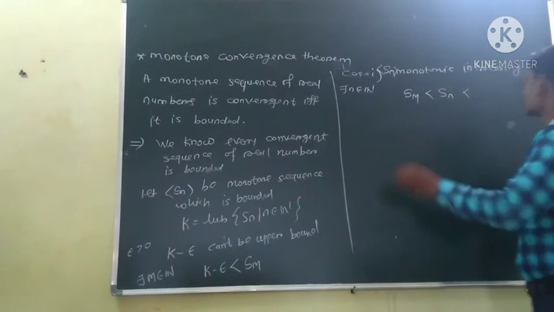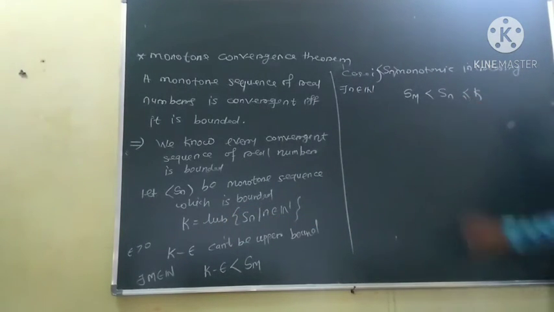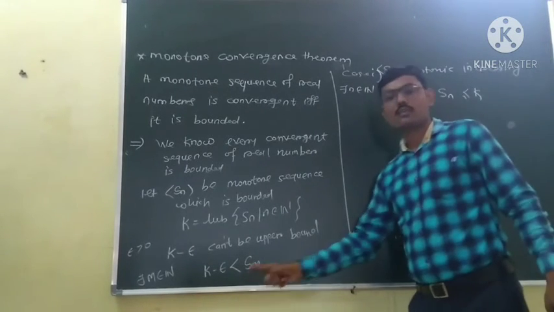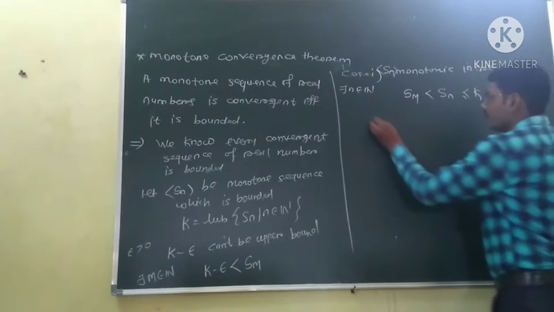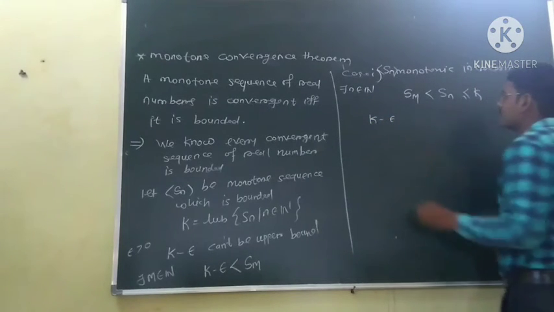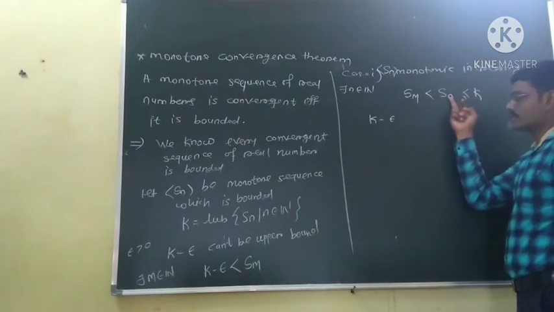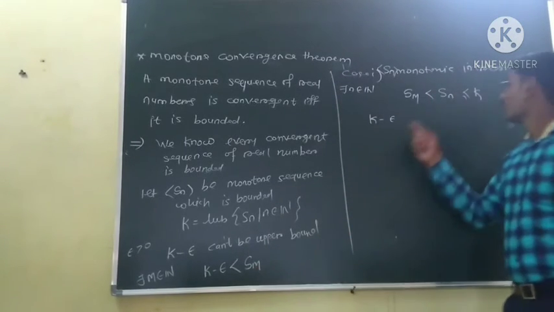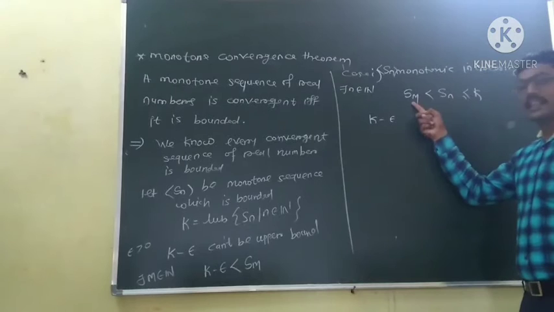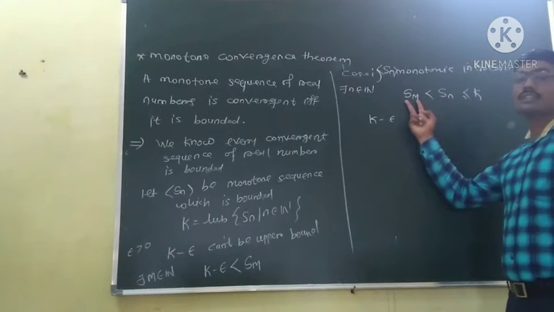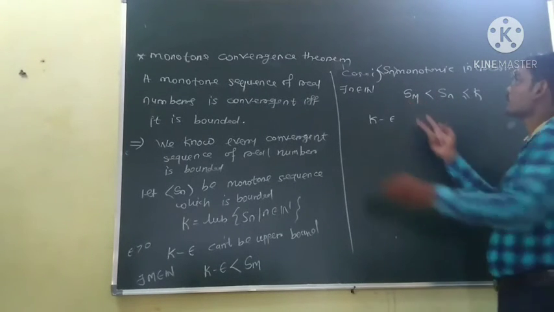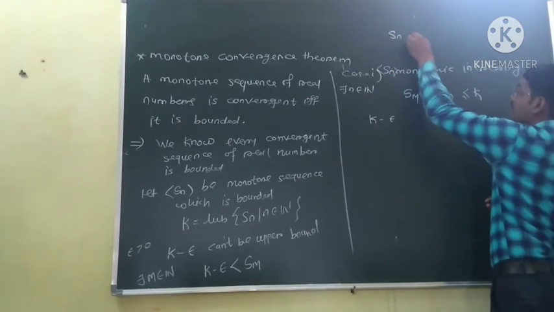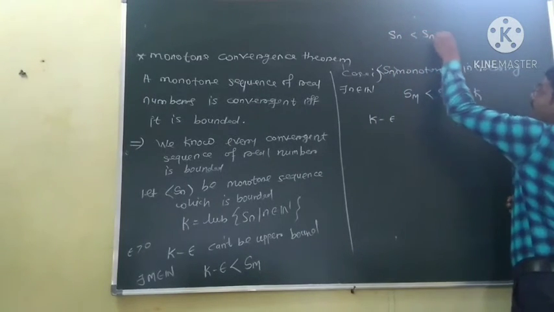Now see, from this and this, we can write one inequality, that is k minus epsilon, and this is happening for some n greater than or equal to m. Why? Whenever n is greater than or equal to m, then only Sn can be greater than or equal to Sm. This is our definition of a monotone sequence. We know for a monotone increasing sequence, Sn is less than or equal to Sn plus 1.